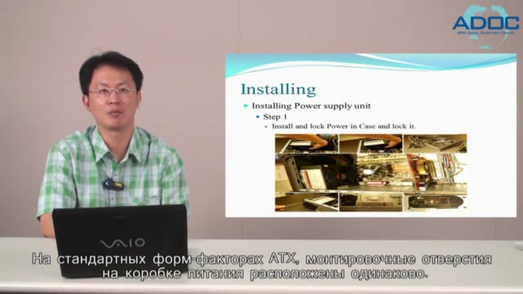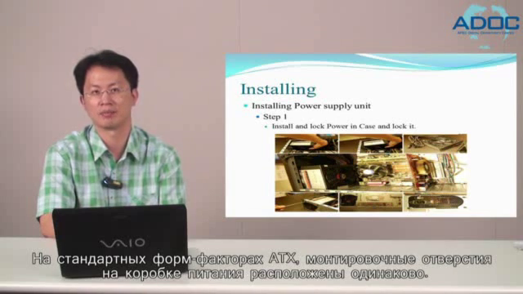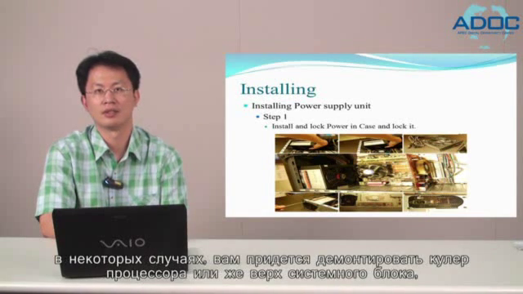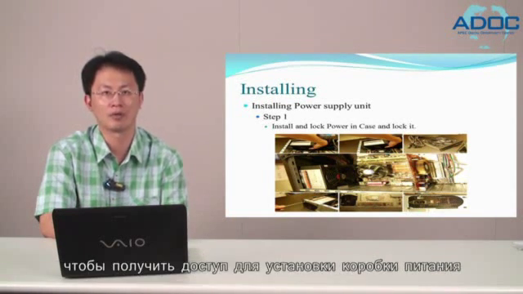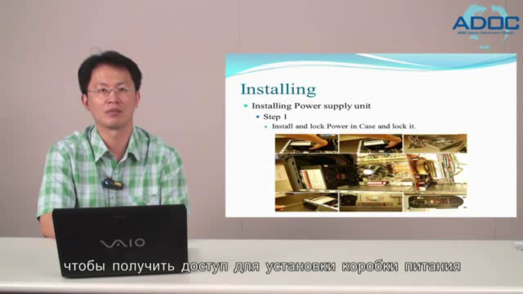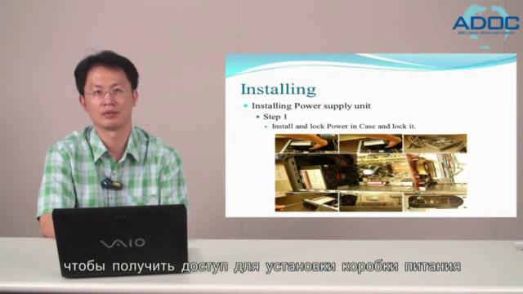The standard ATX mount points on the power supplies are all the same. In some cases, you may need to remove the CPU coolers or top of the case to gain full access.